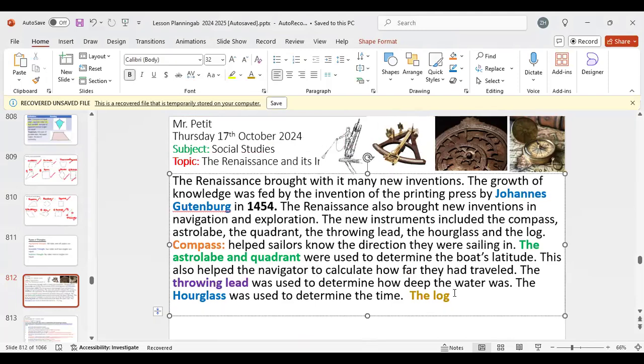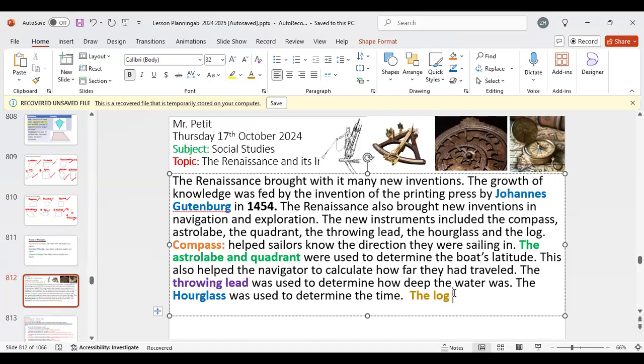So the log, now the log was used to measure how far the ship traveled. How far, very good. So it was used to measure distance.